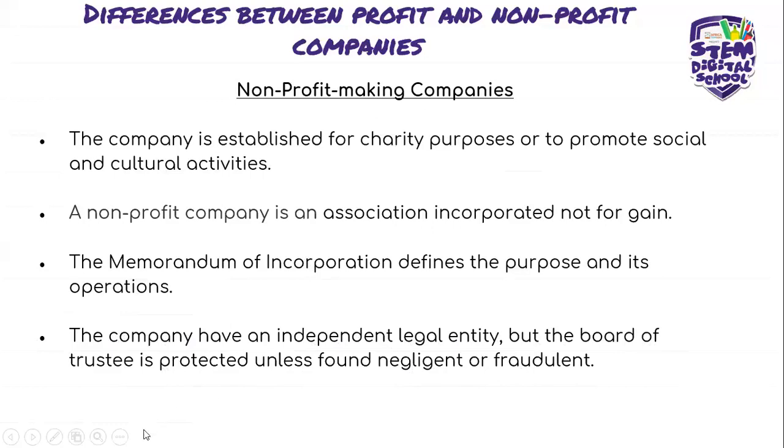So the board of trustees are protected unless they are negligent or commit some fraud. Therefore, they won't be protected in that case. So negligence and fraud override the protection of these trustees, basically, right?